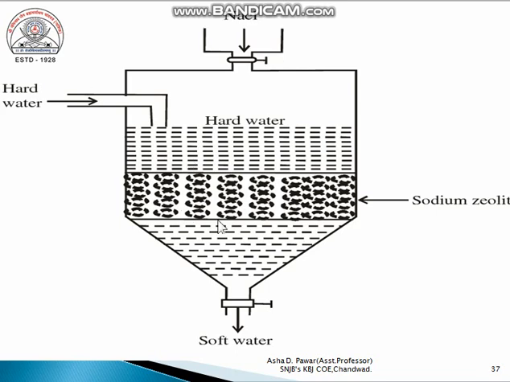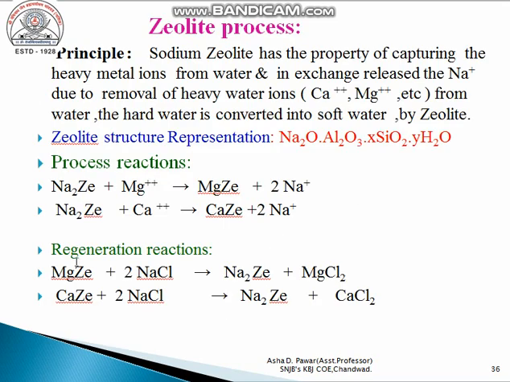So in an empty, exhausted bed, if we add the NaCl brine solution, then these regeneration reactions take place during the regeneration process. That is, sodium zeolite is converted into magnesium zeolite and calcium zeolite, which means it is inactive or exhausted.